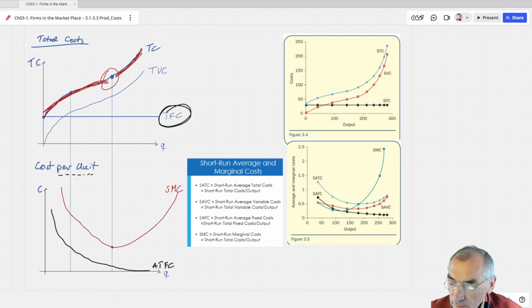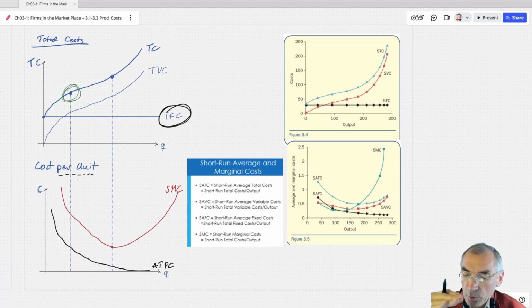And in fact, the point where the average cost has its minimum is this point, where there is another turning point at the total cost. So average costs have their minimum on this dashed line, and in fact they have their minimum at the point where they intersect the marginal costs.